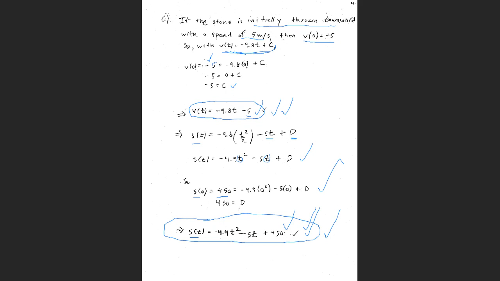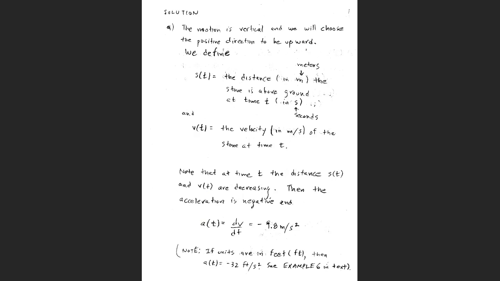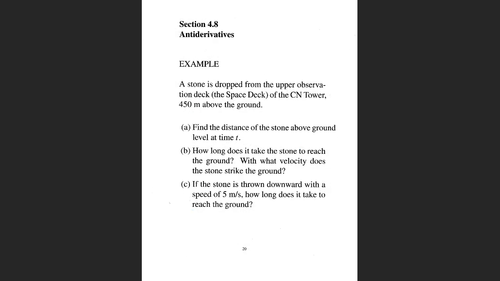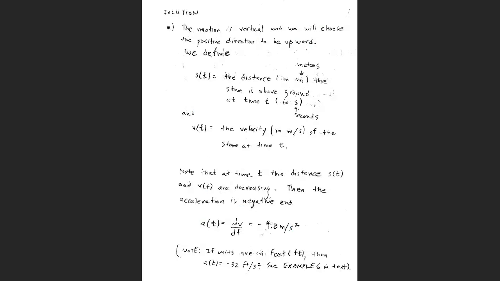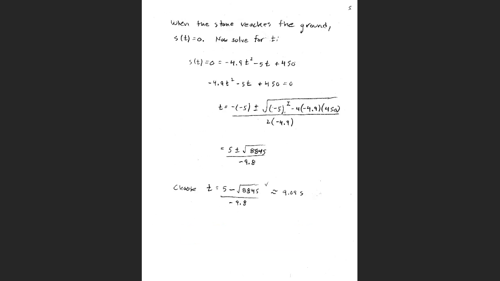Well, when the stone reaches the ground, it's 0 meters above the ground. That's right. So we're going to set s of t equal to 0, which we do here. And we have to solve for t.